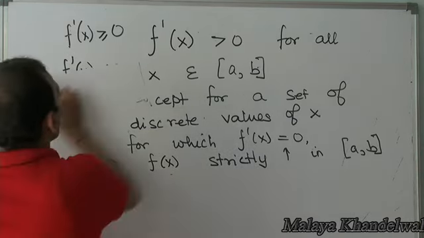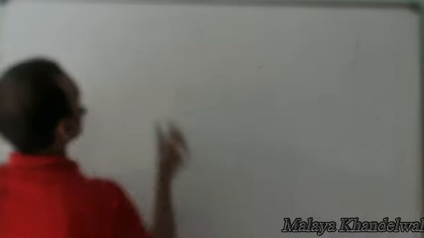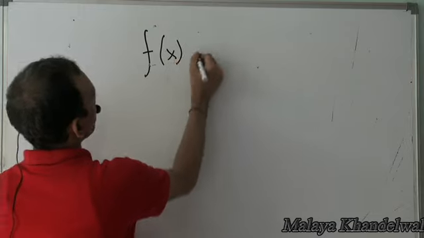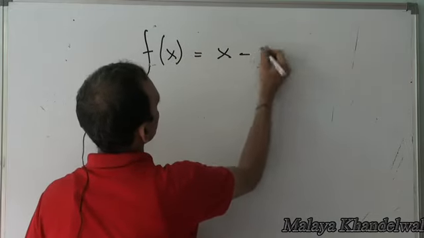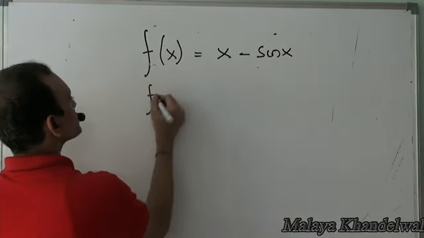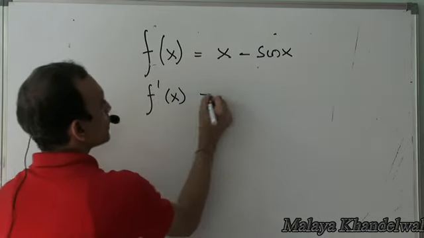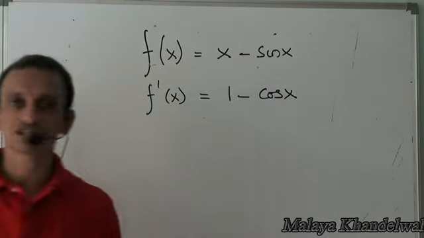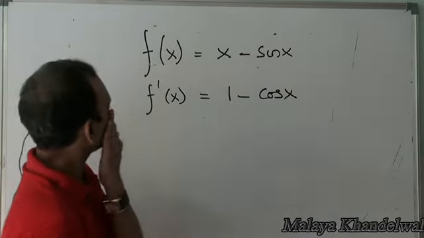Right? So, let me give you an example. fx, for example, x minus sine x. F dashed x is 1 minus cos x.